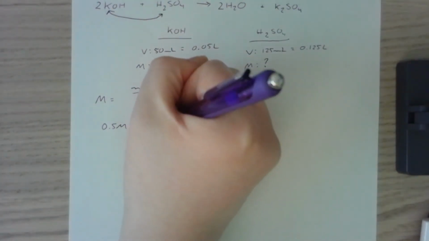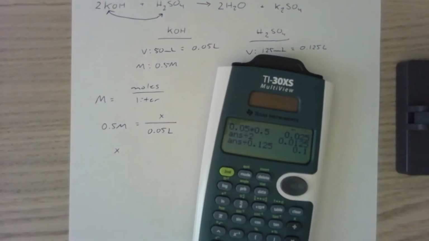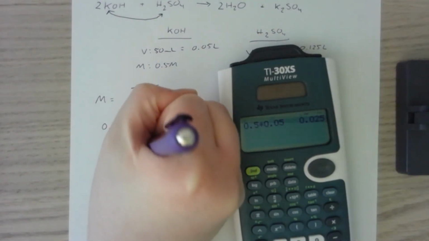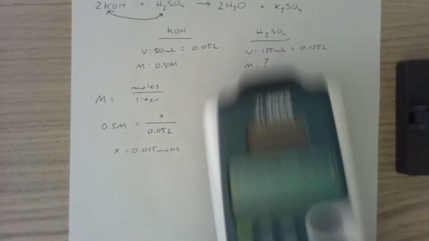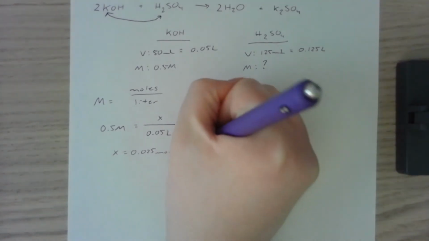So I've got 0.05 liters. So I'm just going to solve for x. All I'm going to do is take 0.5 times 0.05, and that gives me 0.025 moles. Okay, so that's how many moles of this KOH I've got.